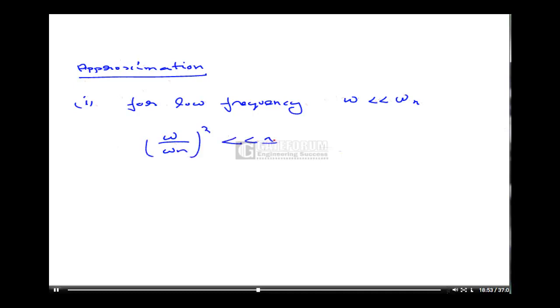Okay, the first one, for low frequency, omega lesser than omega n, omega by omega n whole square is lesser than 1. In that case, magnitude in dB is equal to minus 20 log 1, which is equal to 0 dB.